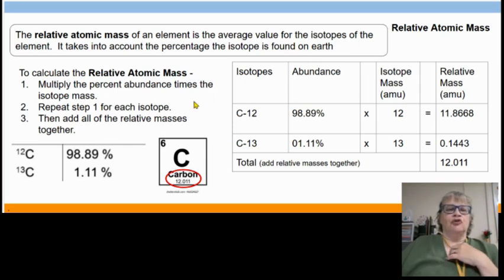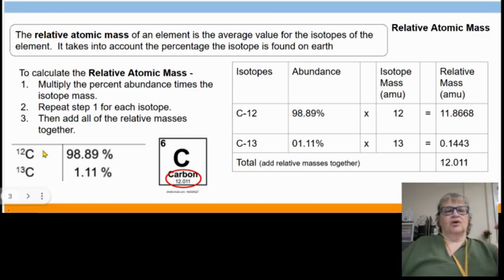Okay? So for example, carbon has a couple different isotopes. The most common one is carbon 12. And it's a little less than the 98 that they say here, because there's also carbon 14, which is a radioactive carbon, which was introduced right after World War II, after we bombed Japan.